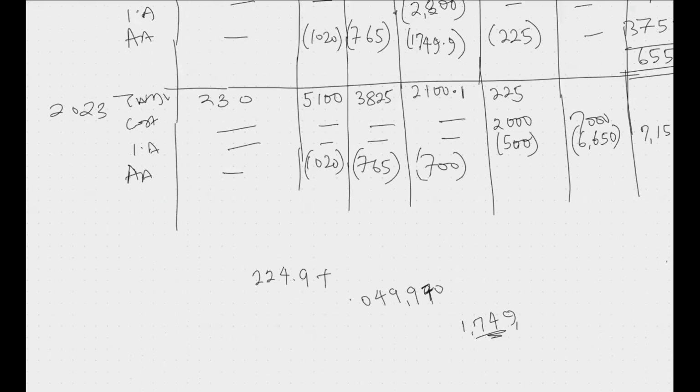That's 15. 300. So 300 plus 2249. That was what? 2524, abi?